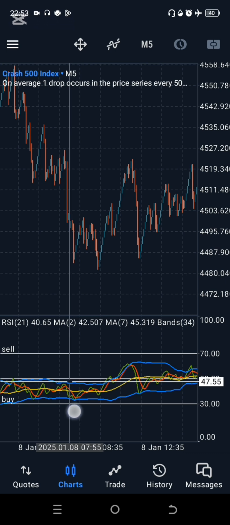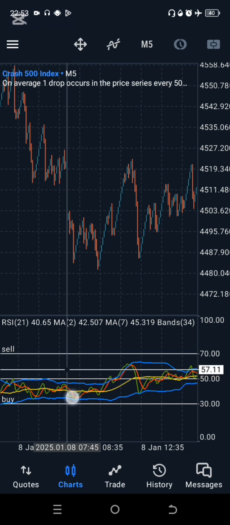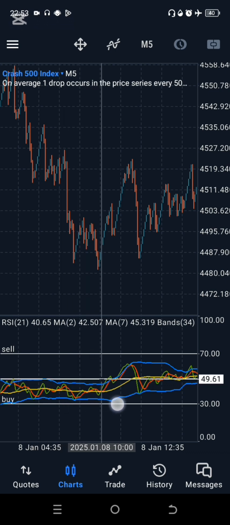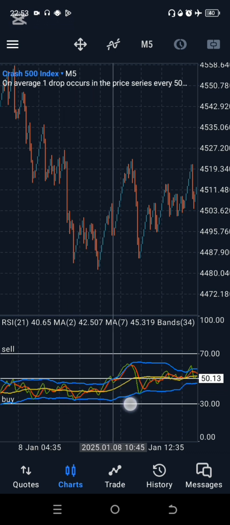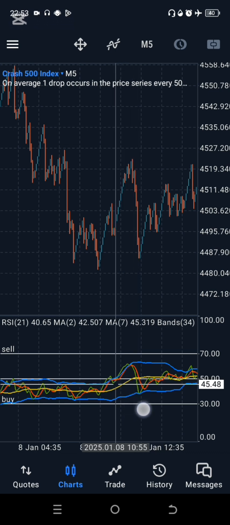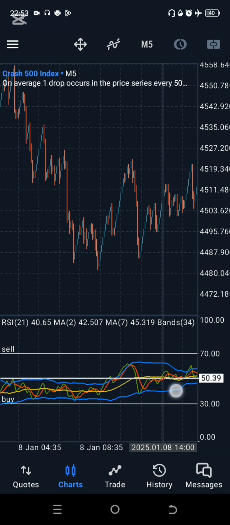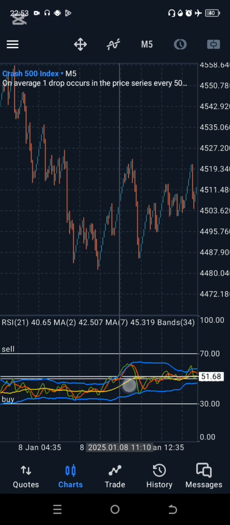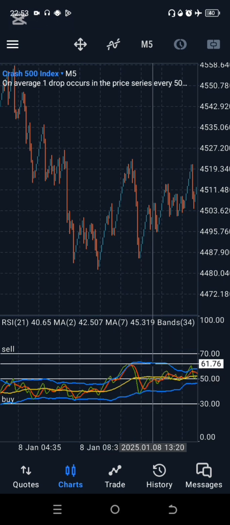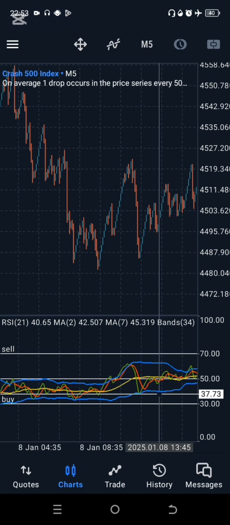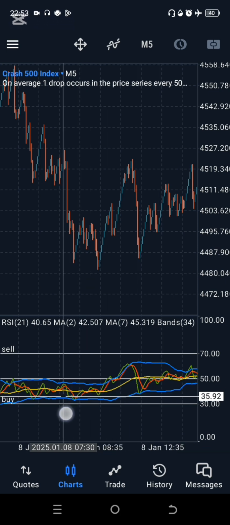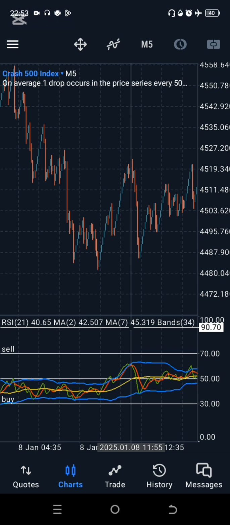I'm going to tell you how you use the 50 later, but we can just say whenever the green line is below the 50 level, the market is selling. Whenever the green line, that's the price line, is above the 50 level, we are buying. So that's just a tip. You can use this for the trend also. That's a pointer, that's how we use our levels.